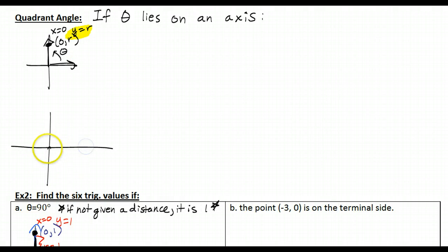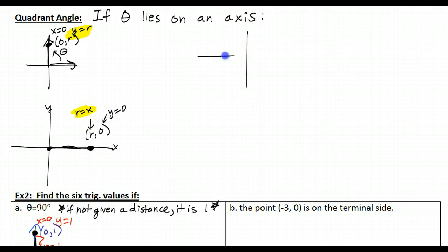If my theta lands right on the x-axis, so it's kind of like a flat angle that never started, I guess, in this situation, the radius and x are equal to each other and y is equal to 0. And then for the next two situations, the radius is going to be the opposite of what I have.